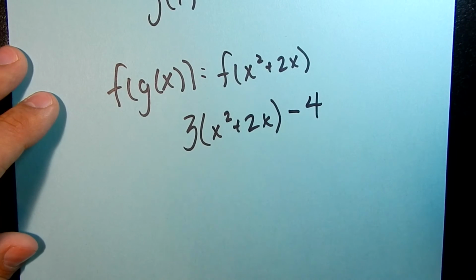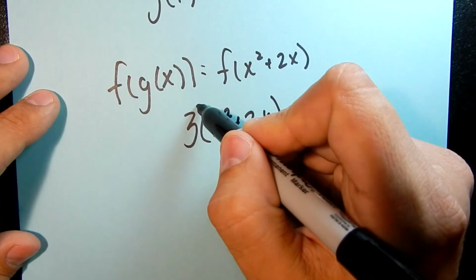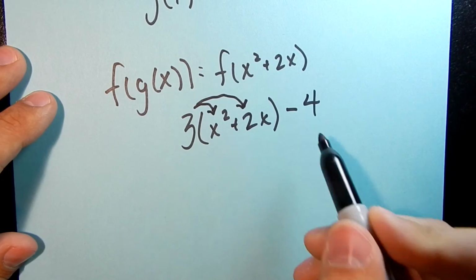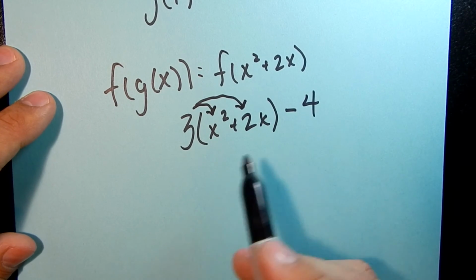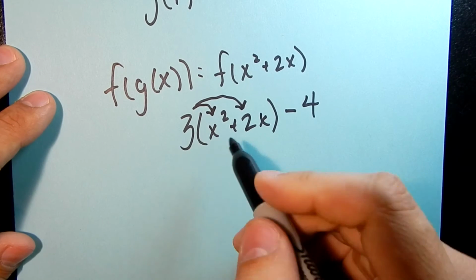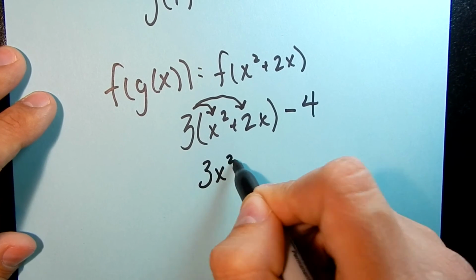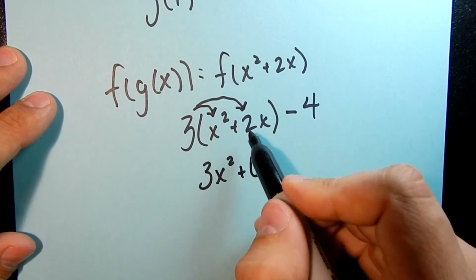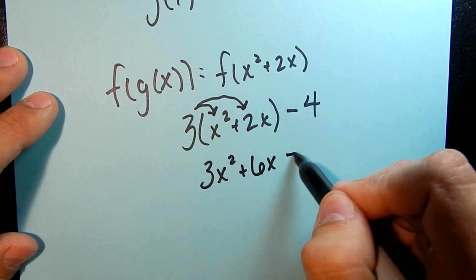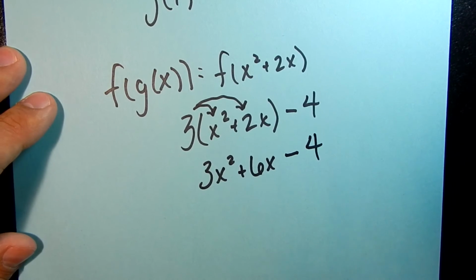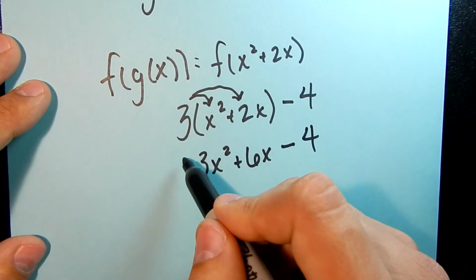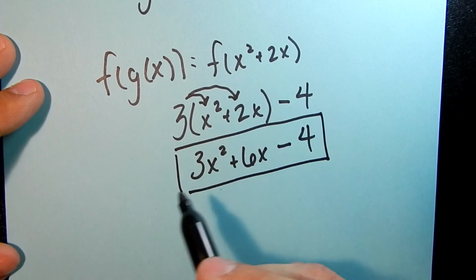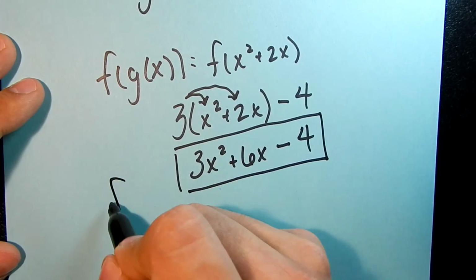This is distributive property, so we're going to need to distribute here, and we're going to have to combine some like terms, possibly, if we run into that. It doesn't look like we will in this case. We have 3 times x squared is 3x squared. We have 2x times 3, that's 6x. 2 times 3 is 6, that gives me 6x. And then we have the minus 4 that comes along for the ride. So in this case, we get this. This is our formula for f of g of x.